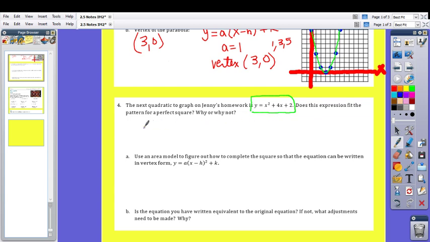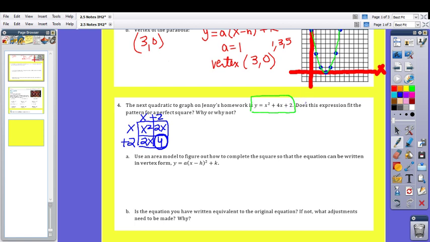You will make your box, and then split your 4x into 2x and 2x. So this is your 2x and this is your 2x, and you do 2 and 2. It will be plus because these are positive, and this is your x squared, so x. Now if this is 2 and this is 2, this will be 4. You will be needing 4 of those, but you only have 2.